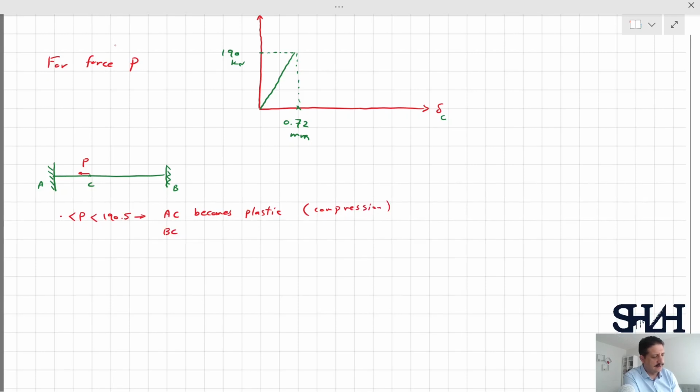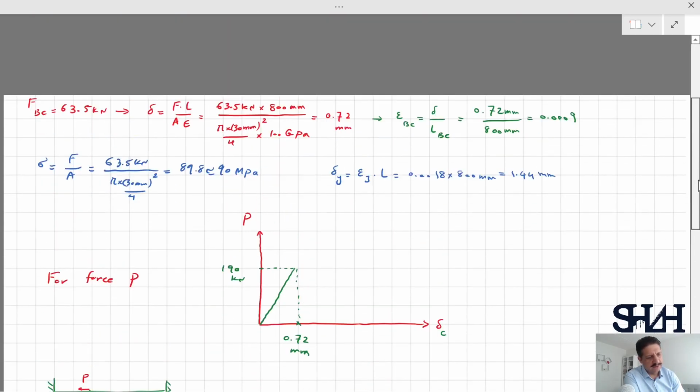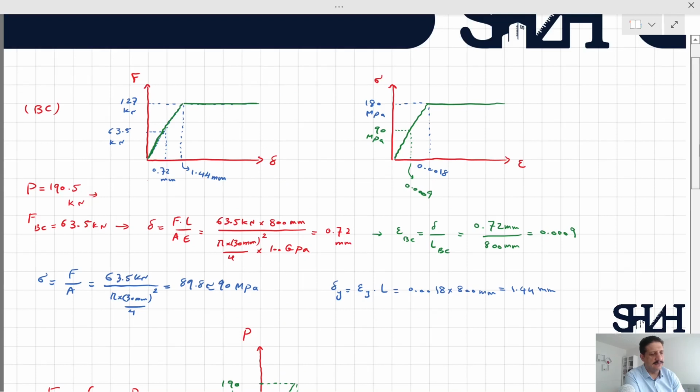And BC is still in elastic phase. As far as BC is still elastic, the system is not a mechanism, so it can take more load. How much load can it take? If we come back to BC element, we can see that we still have 63.5 kilonewton capacity left for the element BC.